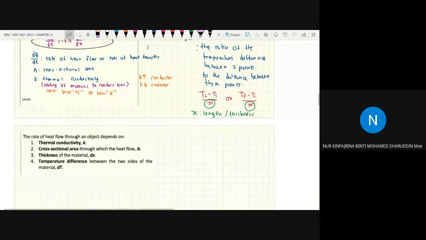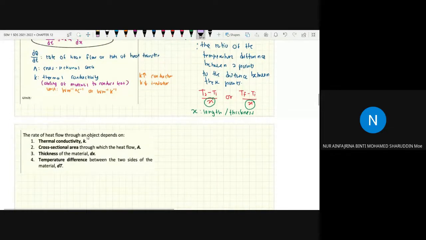Okay, now, the rate of heat flow depends on only 4 things. The first one is thermal conductivity, so you must know whether K increases or decreases. Another one is the cross-sectional area. Another one is the thickness of the material, dx, or length of the material, dx.